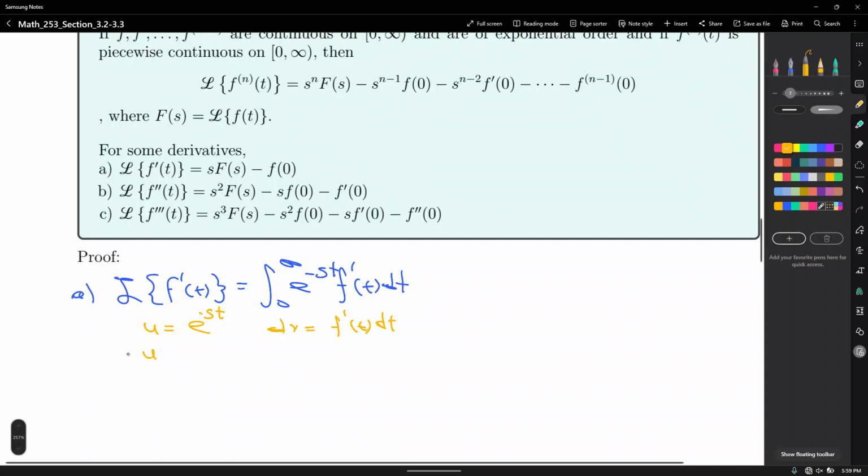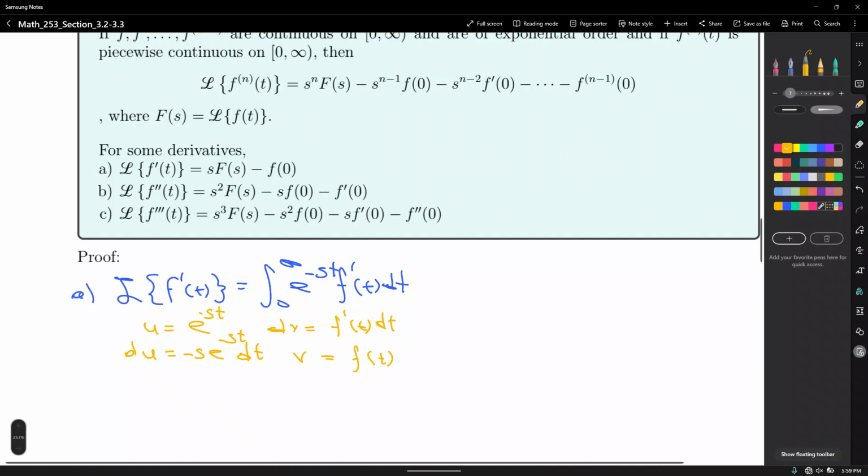That means du equals negative s e to the negative st dt, and v is the integral of this. What's the integral of the derivative of something? Isn't that the function that we differentiated, right?